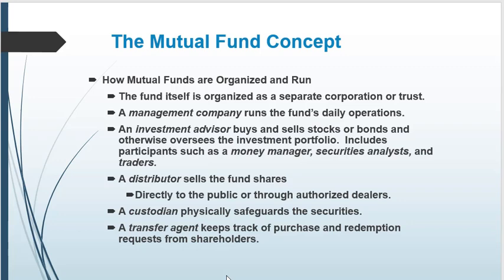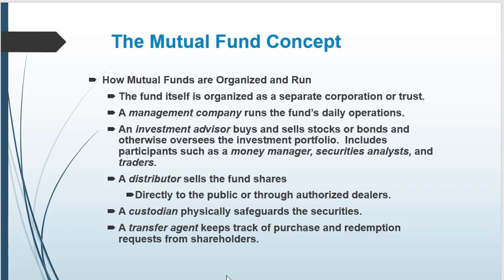There is an entity, or a part of the company, that acts as a distributor. They help us sell the funds. There's a custodian. A custodian physically safeguards the securities that the company purchases. And essentially the end is a transfer agent. They're basically the accountant of the group. They keep track of the purchases and the redemption requests from participants.